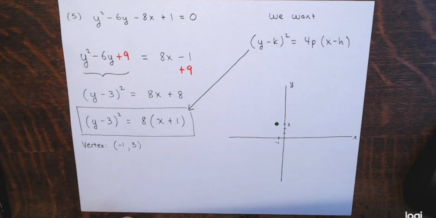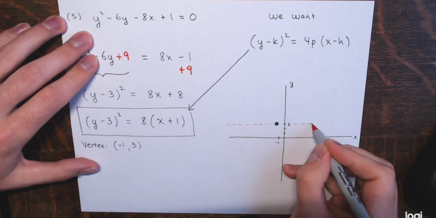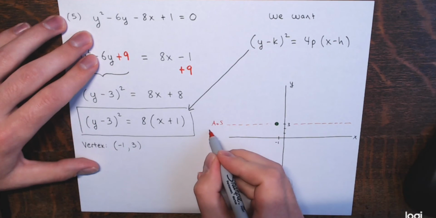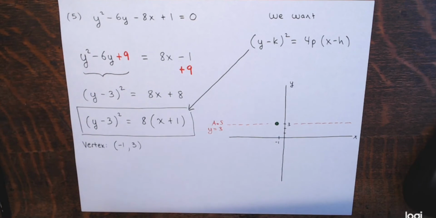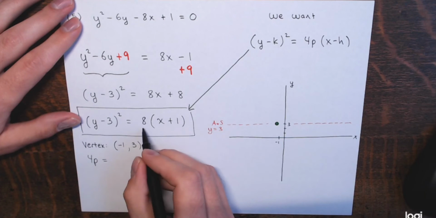All right, then the axis of symmetry, it's going to be horizontal this time because the y is squared and the x is not, right? So the axis of symmetry is horizontal and it's y equals 3, just the y coordinate of the vertex. And then to find the focus, I find that value of p. Well, 4p this time is 8.